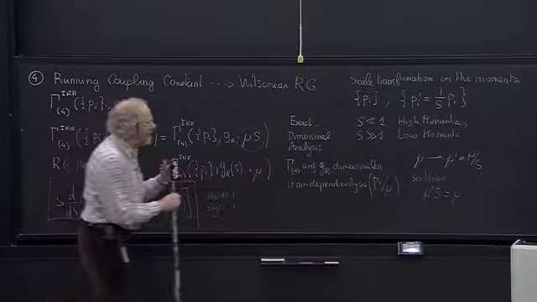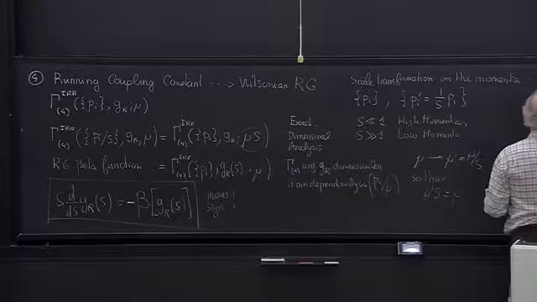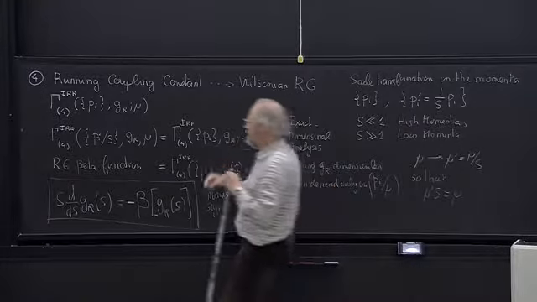So you see, this GR of S corresponds to the running coupling constant, and here S is the inverse of a momentum.